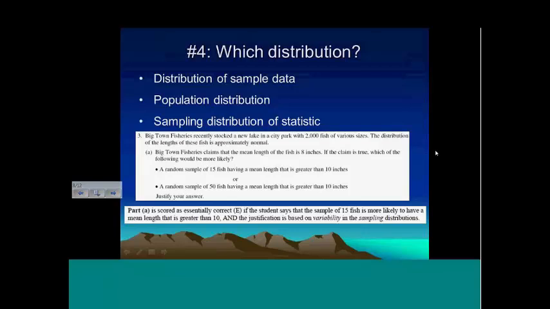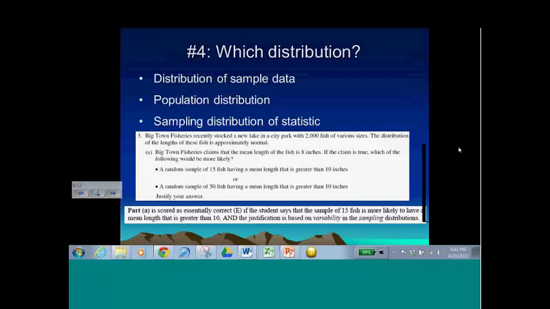We're hearing something about a random sample, so we might be thinking about the distribution of the sample data for those 15 fish, which could be a dot plot, for example, and the same for the random sample of 50 fish. But to answer the question, we need to know how the sample means would vary in random samples of size 15, and how the sample mean would vary in random samples of size 50.